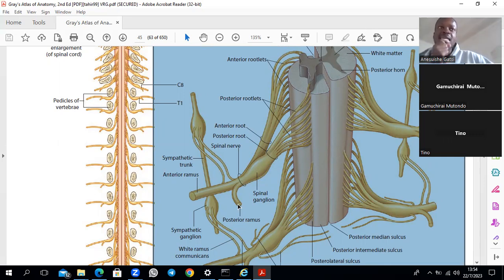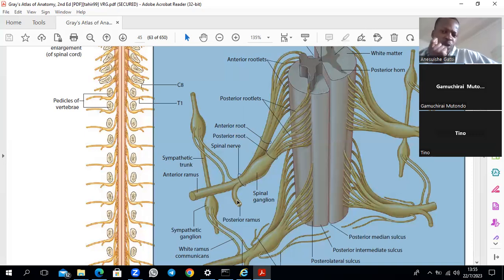Anterior rami, they innervate ventral body wall muscles, meaning muscles on the front, as well as muscles of the upper limb and muscles of the lower limb. And the skin for those regions as well. Posterior ramus, which is the smaller one, it innervates muscles of the back. That's in layman.